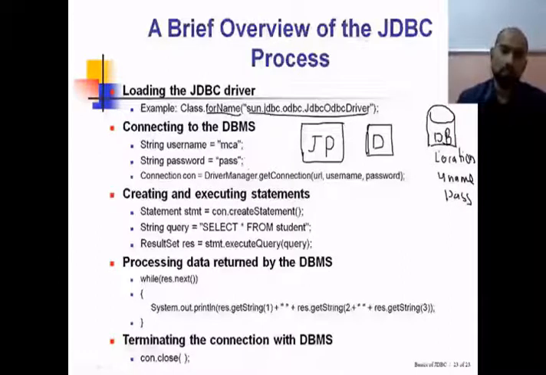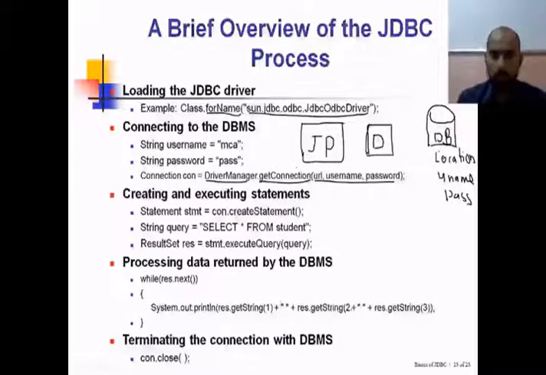To establish a connection with a backend database, we use a method called getConnection. This getConnection method belongs to a class called DriverManager, and that is why we have DriverManager.getConnection. As you can see, it is taking 3 different parameters. There are different getConnection methods which take different parameters, but this is the one which is preferred over the other getConnection methods available.